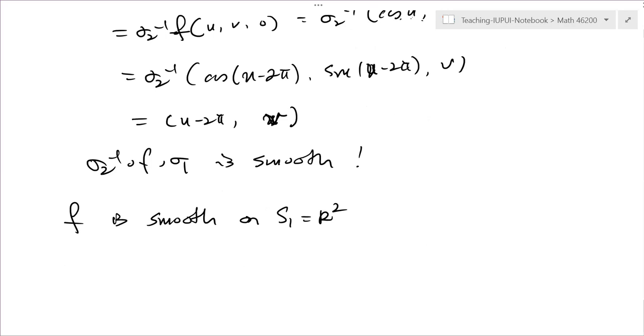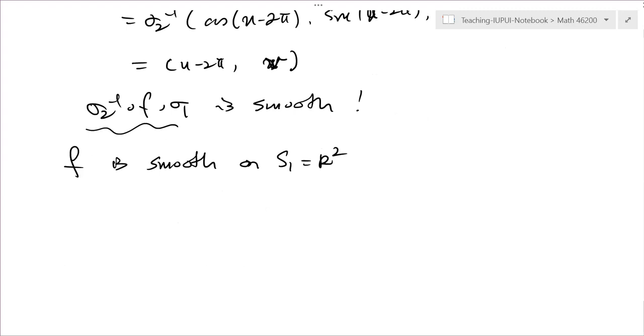So you find a regular surface patch for S1, and then you consider this combination. Yeah, it's a little bit complicated here.